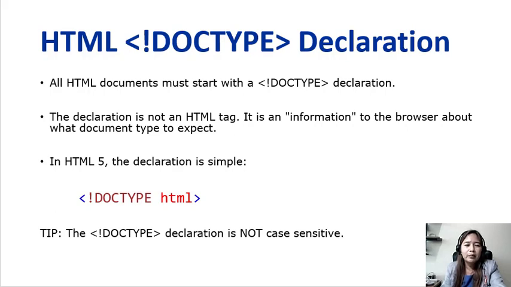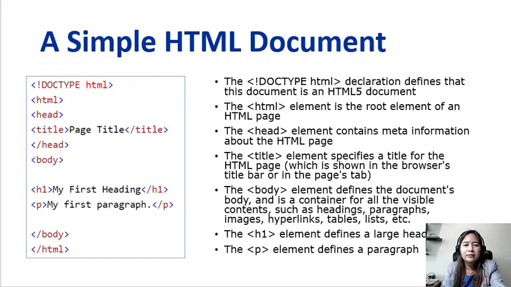In this case, because we are writing HTML5 code, we have to put the exclamation point DOCTYPE html. Please note that just like any other tags in HTML, the DOCTYPE is not case sensitive. You can write doctype in small letters, or a combination of uppercase and lowercase letters.